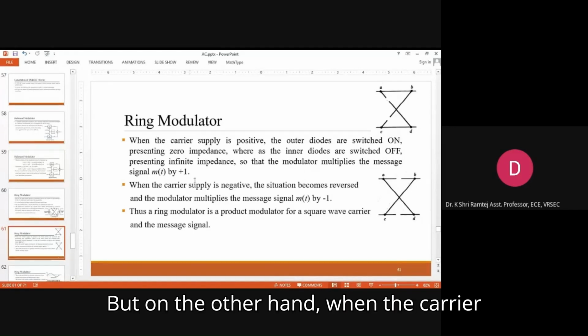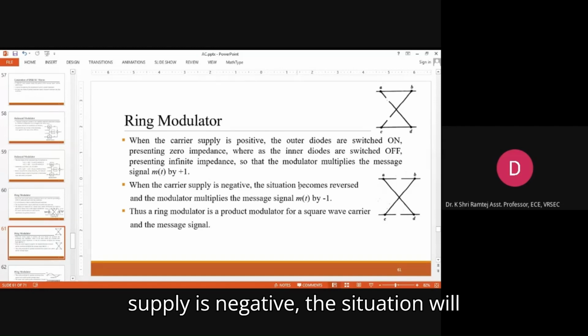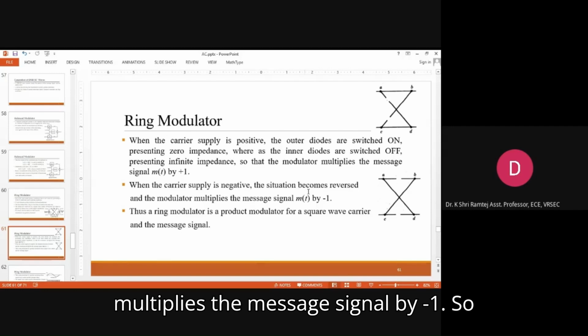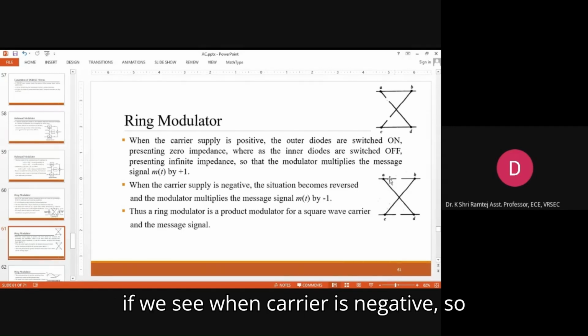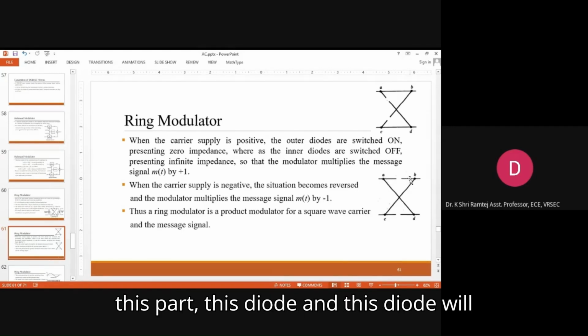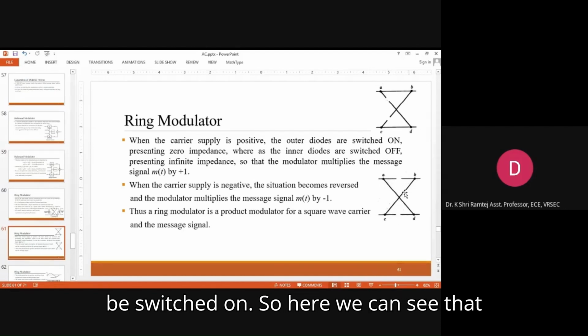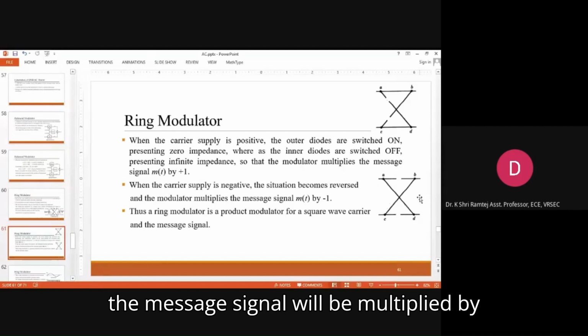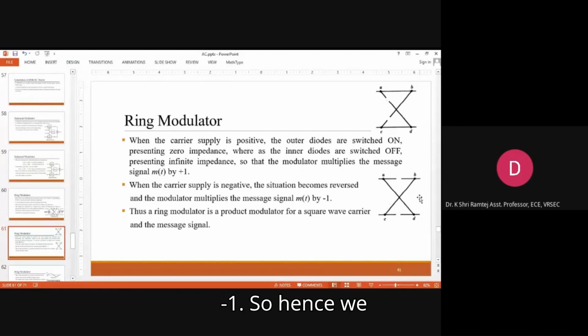But on the other hand, when the carrier supply is negative, the situation is reversed and the modulator multiplies the message signal by -1. If we see when the carrier is negative, this diode and this diode will be switched off and these two diodes will be switched on. So here you can see that the sign has been reversed and hence the message signal will be multiplied by -1.